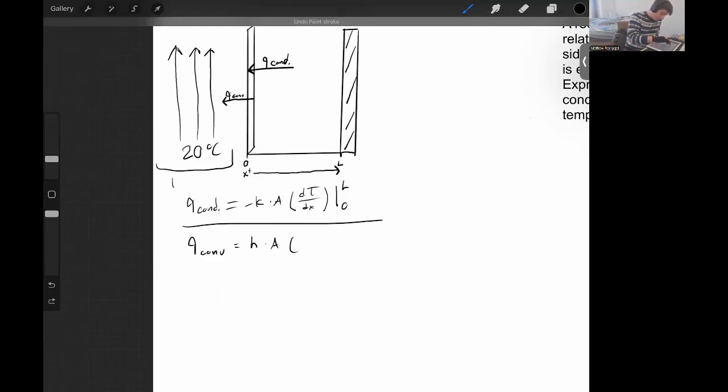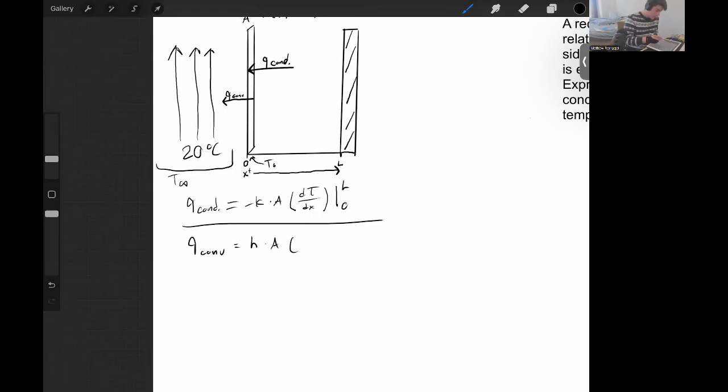I'm just going to say that this is T infinity, and we have the temperature of our surface, T_s, over here. So if we're going from left to right, it makes sense to have our T infinity be subtracted by the temperature of the surface as such.